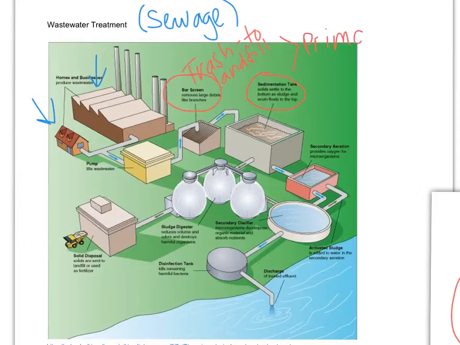Now, a handful of places in the U.S. only do this, which is kind of gross, but they're done. The majority of places go on and do secondary treatment. And so next what happens is you have secondary aeration. So this is part of secondary water treatment. So let me write that here.